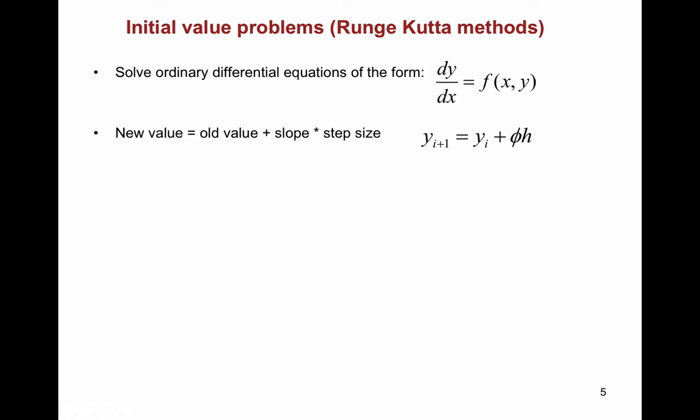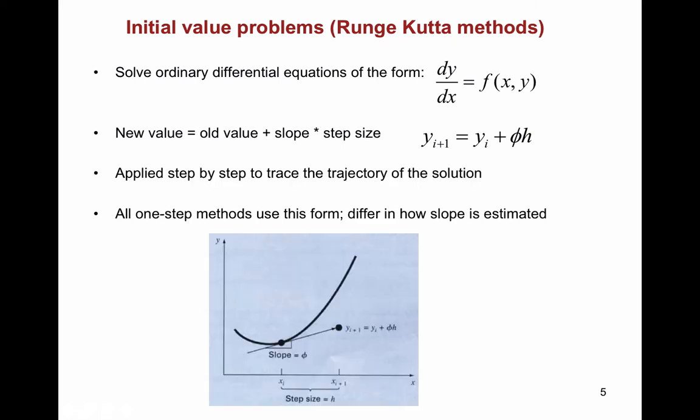And where is that coming from? I have some xi plus 1, and this is my slope phi. The simplest thing I could do is look at the value that I currently have. This is xi, yi at this point here. And I can look at the derivative of the function y at this point. What is dy/dx, based on my starting problem?